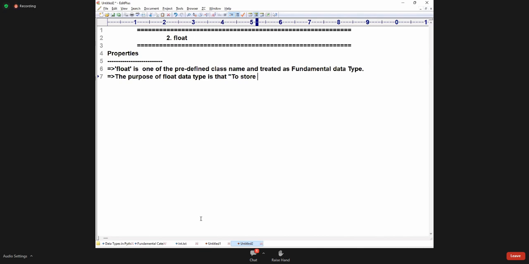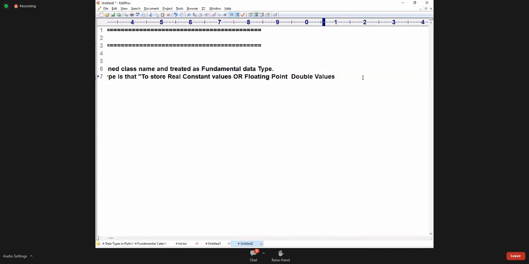The purpose of the float data type is to store floating point values. Floating point values are double values. Actually, I can write one IEEE terminology: real constant values, or floating point, or double point values.